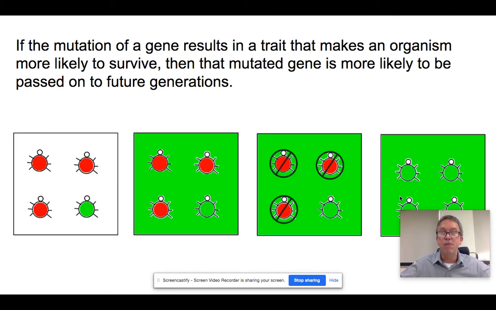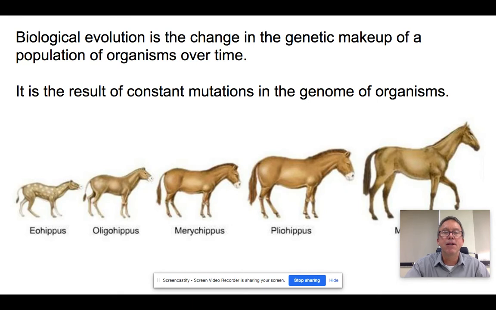Over time, there's enough change in the genome that it no longer is the same species that it started out as. And so here's a classic example that's known from the fossil record. It's very well documented in fossils from the Cenozoic.